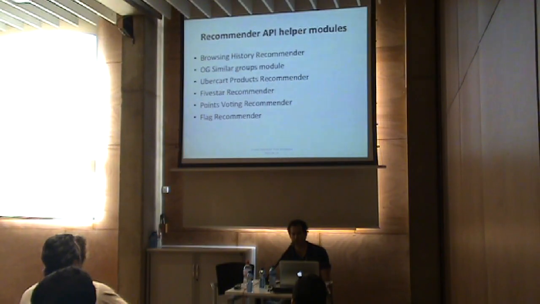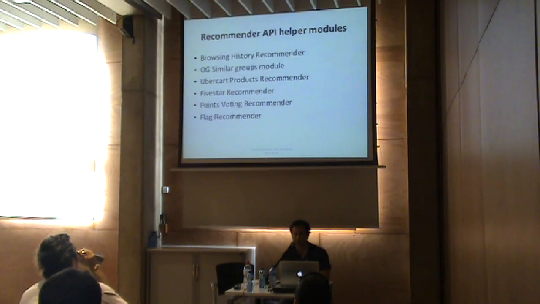I mentioned briefly there are these helper modules already available for Drupal 7 and I think for 6. Browsing history, OG similar groups. I mentioned Ubercart's product recommender.